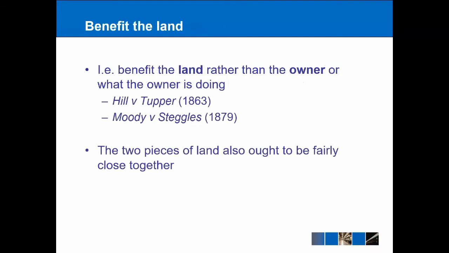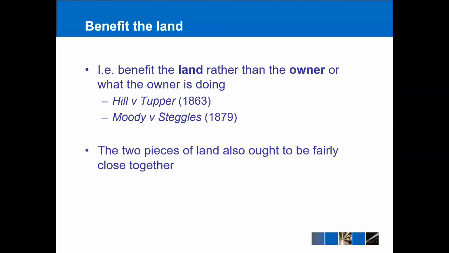The third is that it has to actually benefit the land rather than the owner or what the owner is doing. So Hill and Tupper is a good example of this from 1863. It actually deals with a profit rather than an easement, and we'll get onto the difference between the two of those at the end of this, but for the time being it's easy enough just to think of it as the same thing.